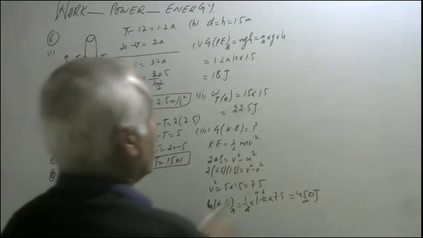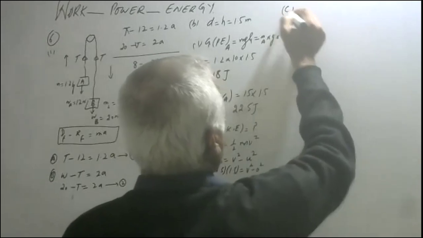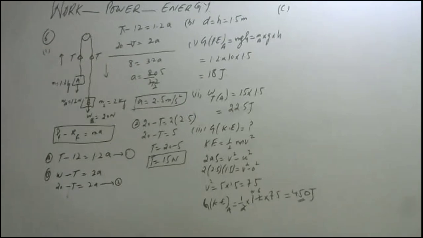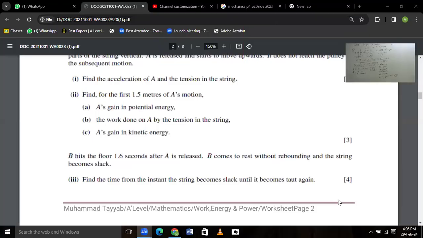And then the last part of this. B hits the floor 1.6 seconds after A is released. B comes to rest without rebounding and the strings become slack. Find the time for the instant when the strings becomes slack until it becomes taut again.